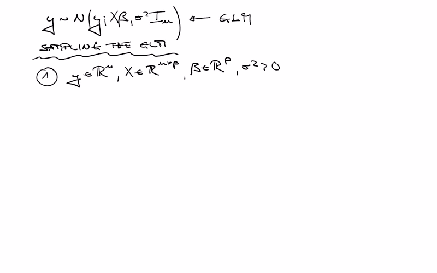If you want to sample y, so you want to evaluate the left hand side of the statement that y is distributed according to this normal distribution, you need to define everything that you have on the right hand side. And the first thing to define, of course, is the dimensionality of y. So let's say n is defined as 5.